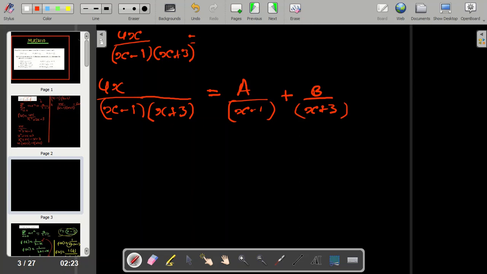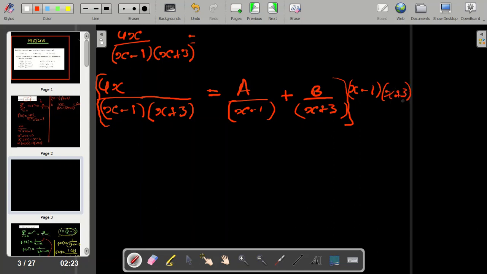So what I do is I use this method of multiplying everything by what we have in the denominator there, which is x minus 1 and x plus 3.